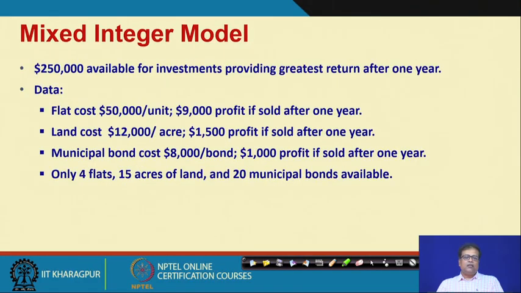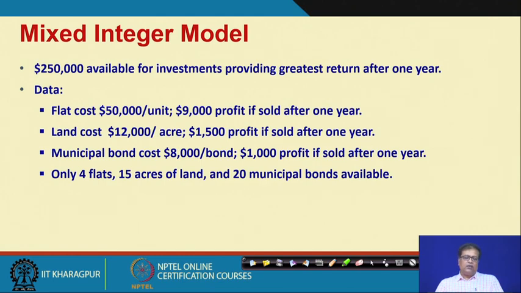The next one is the mixed integer models. Now, suppose I have a certain amount of money available for investment providing returns for flats, land and municipal bonds. The flat cost is given, and if you sell after 1 year you are going to get a profit of 9,000.